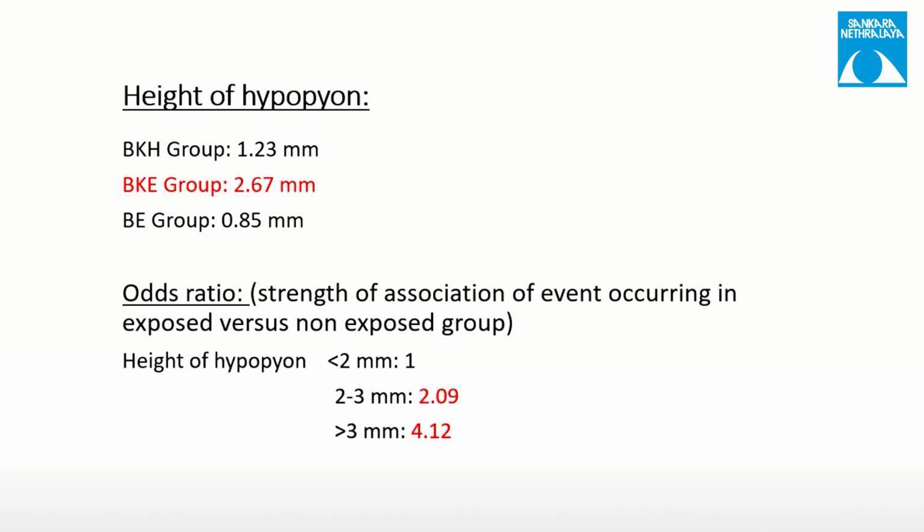An odds ratio of 1 means the chances of the event occurring in the exposed and non-exposed group are similar, and a ratio of greater than 1 suggests that the event occurring in the exposed group is higher. So as we can see, a height of 2 to 3 mm and greater than 3 mm has a ratio of greater than 1: 2.09 in the 2 to 3 mm group and 4.12 in the greater than 3 mm group.